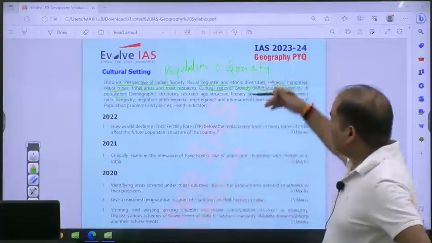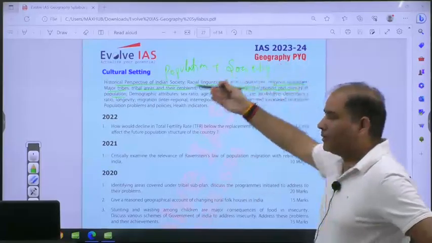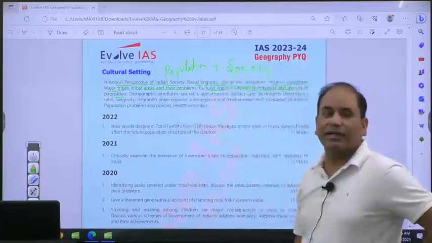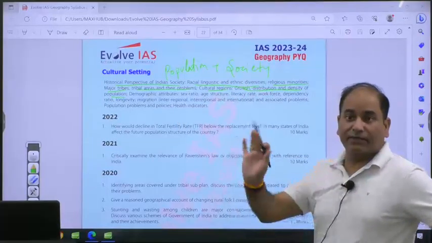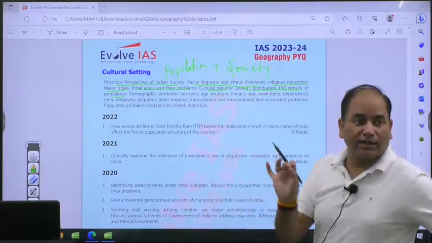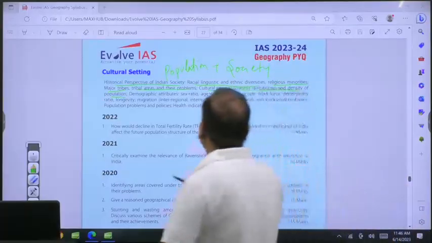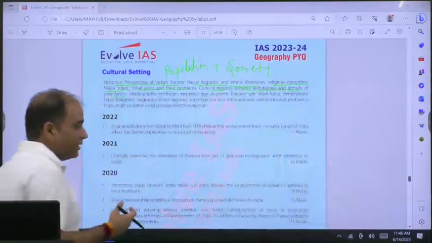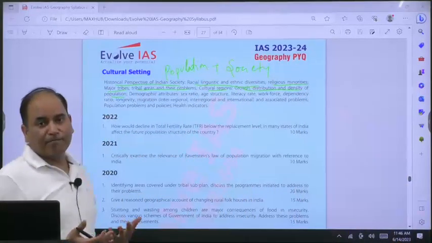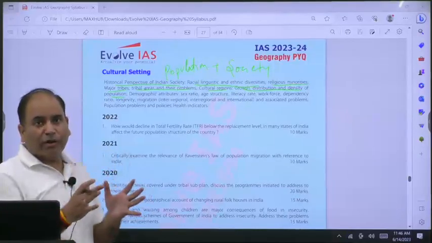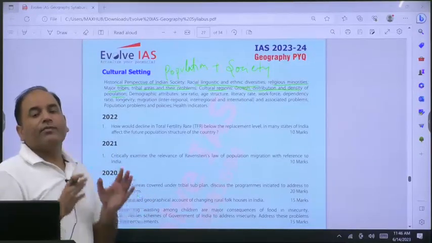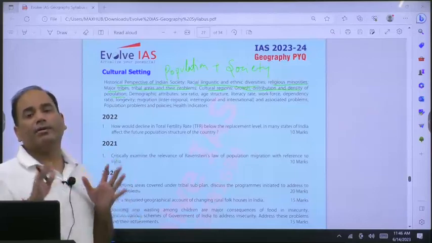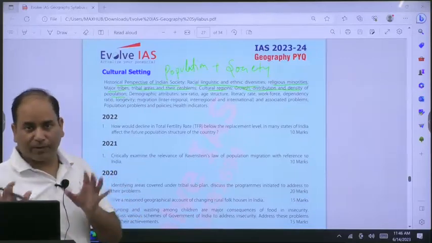Now, in the first paper they have a topic called demographic attributes, but they haven't defined what the demographic attributes are. But here they are writing what the examiner is expecting, that you should know about the demographic attributes primarily related to paper 2, that is the India specific.